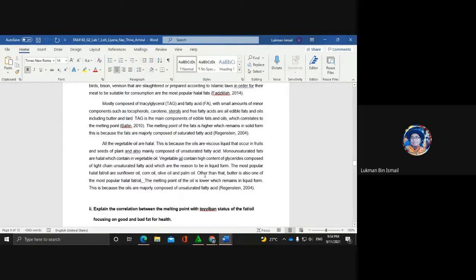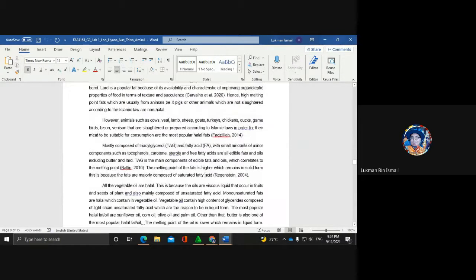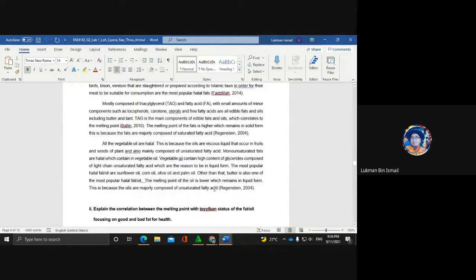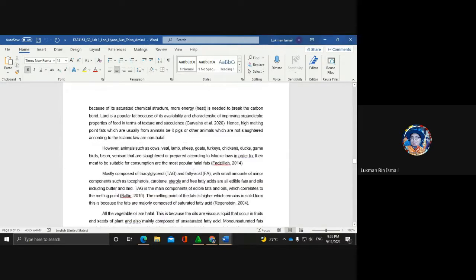It's not provided here. You talk about unsaturated fatty acid. You must talk about animal-based fat like lard, and plant-based fat like canola oil or anything. Or you can compare with palm oil or corn oil. So give the numbers of the melting point, but it's not given here.